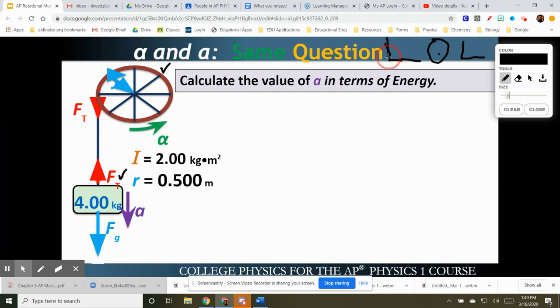And let's see what kind of energy initial we have. So I think we set it up as ME, right? Initial equals ME.